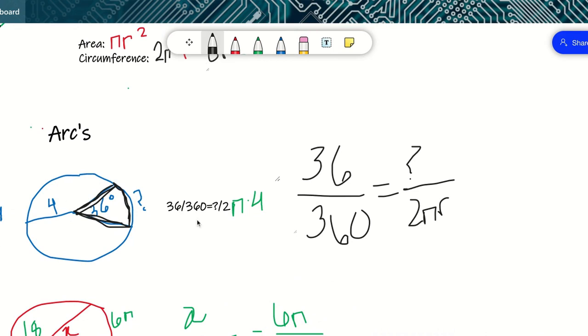We know that the radius is 4, so we can just substitute. We get 36 over 360 is equal to 2 pi r, and 2 times pi times 4, since the radius is 4, gives 8 pi. We could simplify 36 over 360 to 1 over 10.